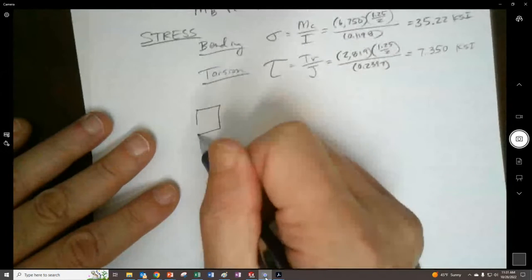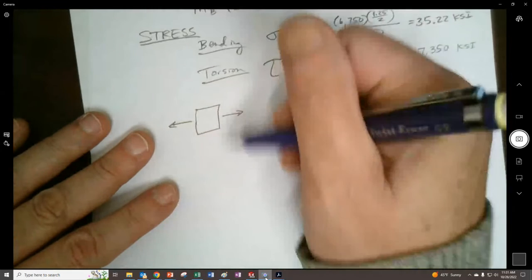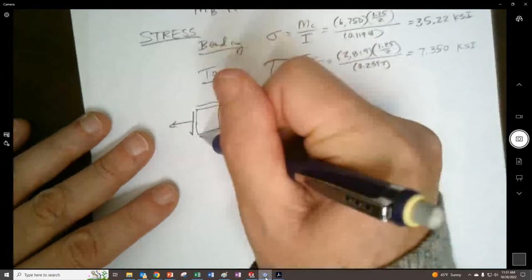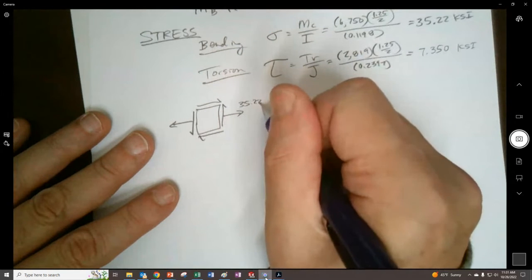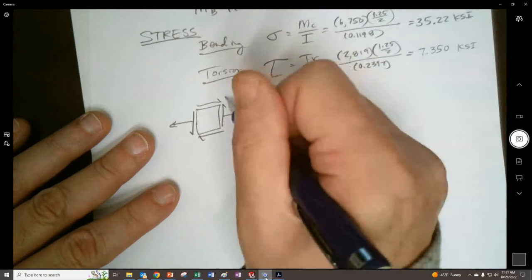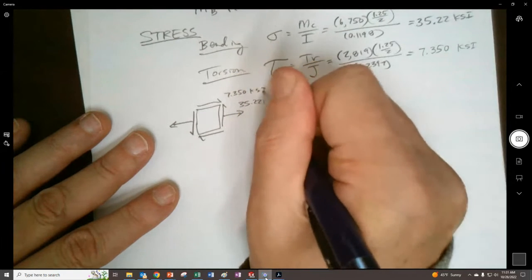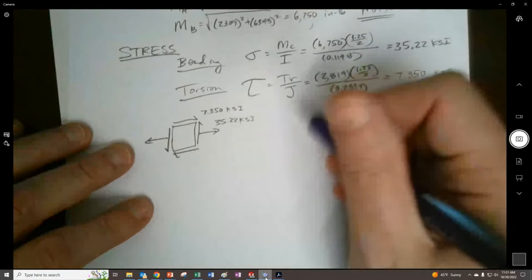But if we were to take a look at a stress element, I don't really care which direction you draw the shear. It doesn't really matter, but labeling it helps us think through our situation. Then we can move on to our maximum shear stress theory.